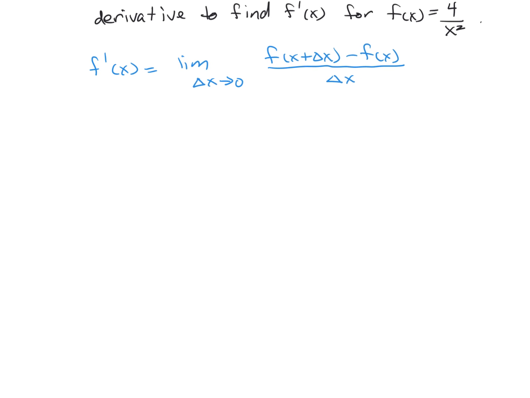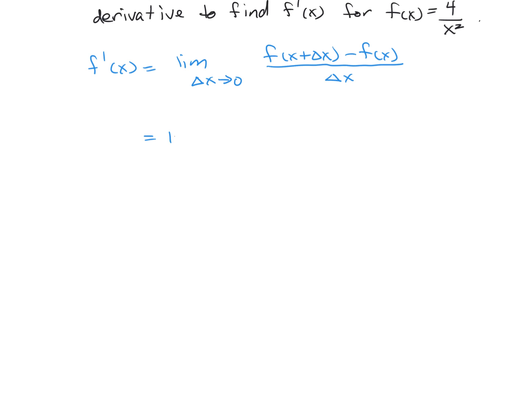So for our function, that is the limit as delta x goes to 0 of 4 divided by x plus delta x squared minus 4 over x squared, all divided by delta x. So the first thing to do in this problem is to really clean up our notation and simplify this complex fraction.